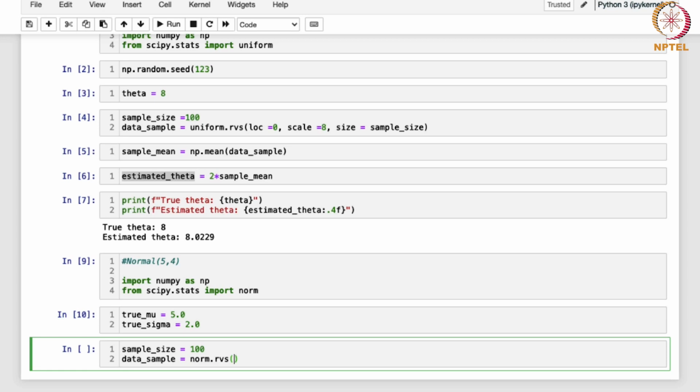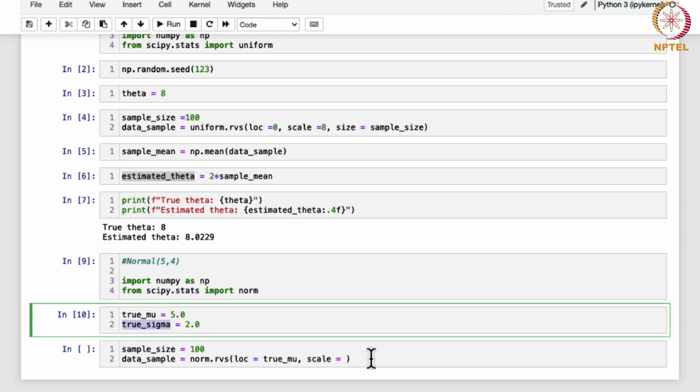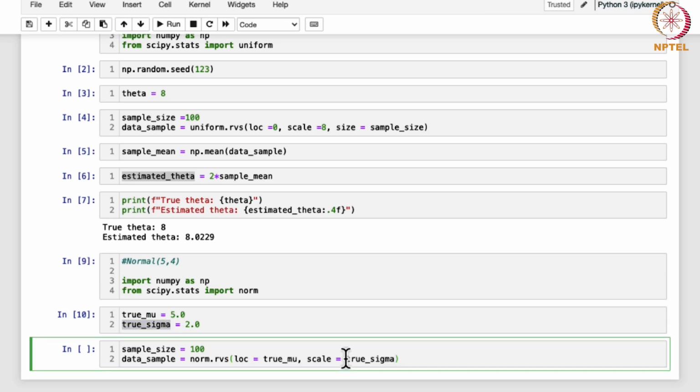Here the location is your true mu, because mu is the location parameter in the normal distribution, and the scale would be your true sigma that we have defined over here, and size would be the sample size.